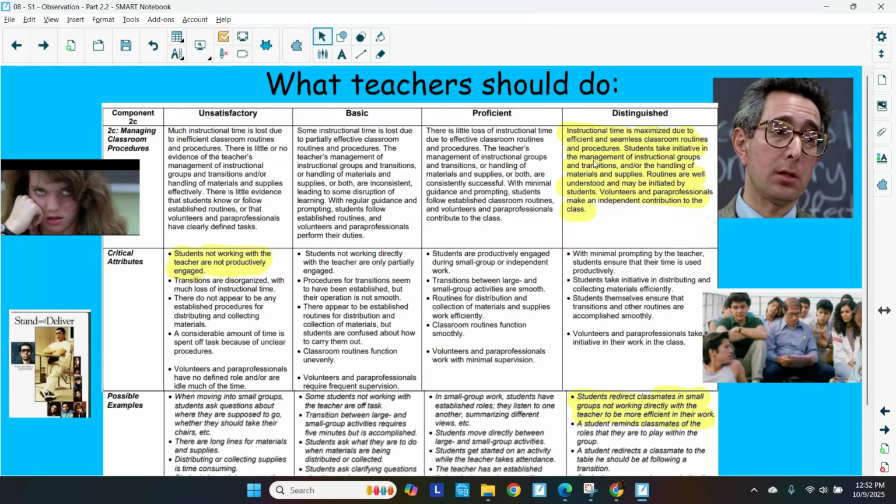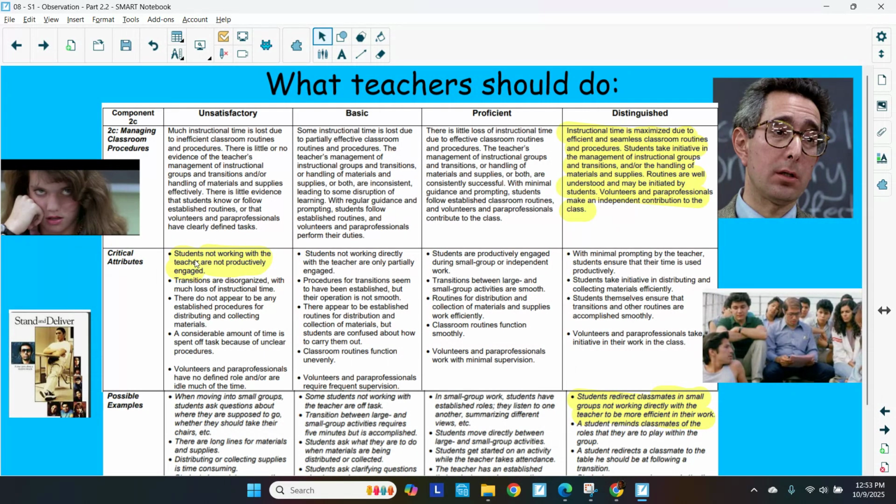You're getting your students to do things, but you don't want to waste any time. So you have to have them doing those things. Like I said, share the workload. You don't have to do it alone as the teacher. Get those students busy and get their routines to be well understood, because it may even be initiated by the students. So maybe they'll get somebody to help them give things out.